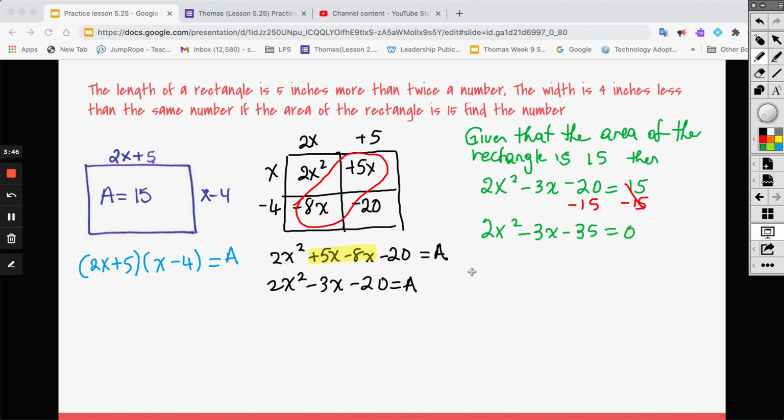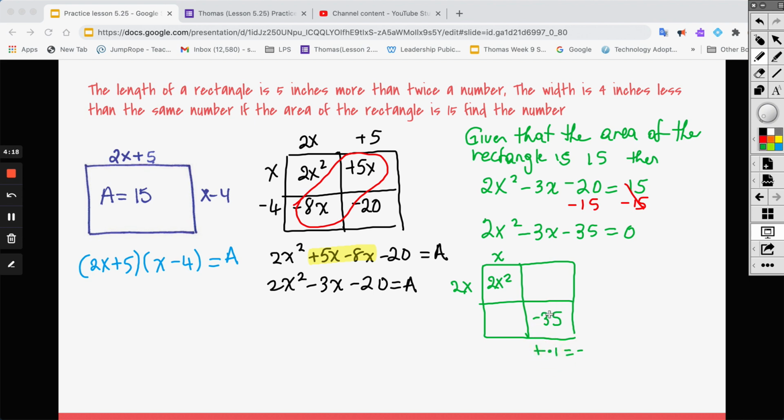From here, we want to factor, break it up into the factored form. So we're going to use the reverse box method to determine the factors of this new quadratic equation. We know that our 2x squared goes inside, and that's going to be multiplied by 2x times x. And we know that our negative 35 goes here. In order for us to get a negative result, we must be multiplying a positive times a negative.